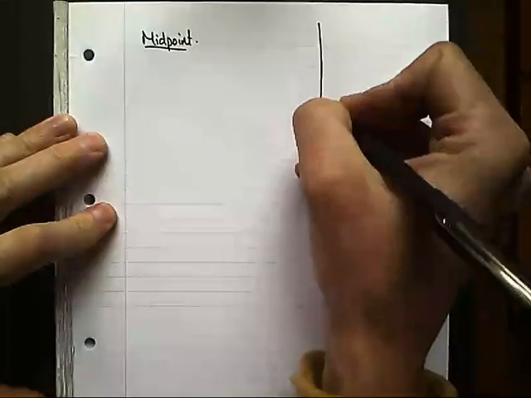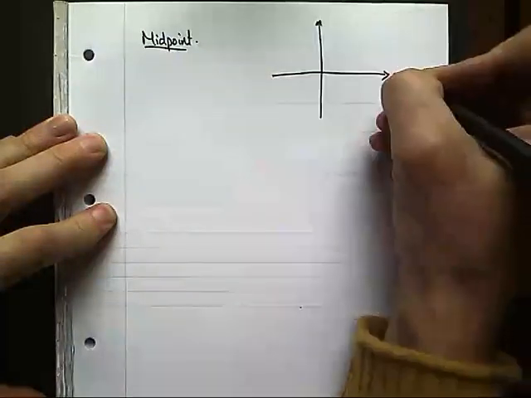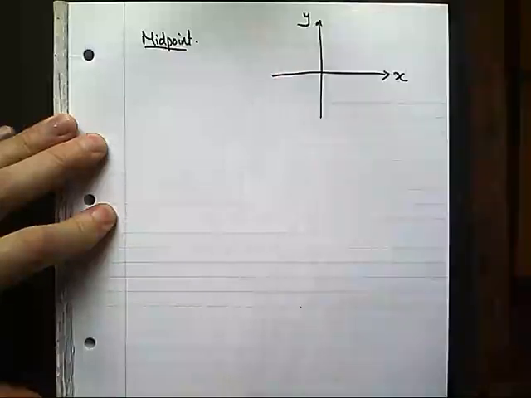And just to give you some understanding of what the midpoint is, I will just quickly draw a sketch. It doesn't have to be accurate. We have our x values and our y values, okay?